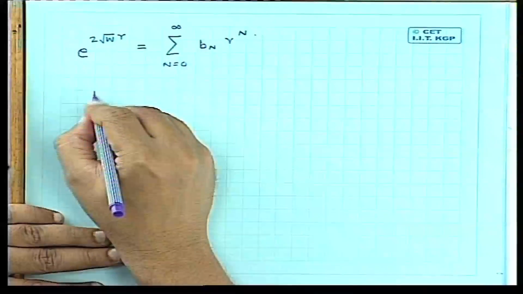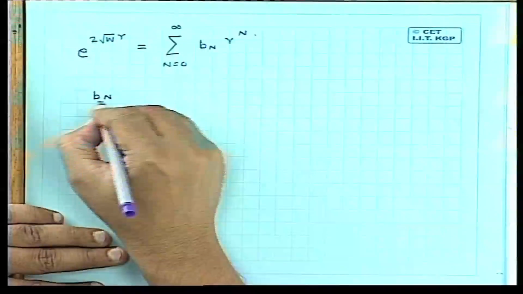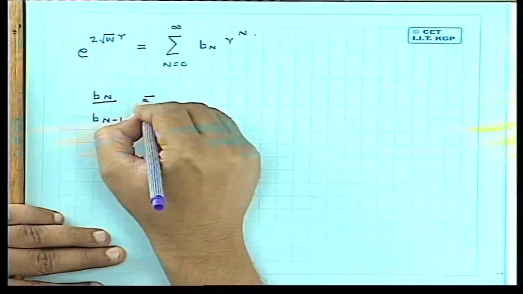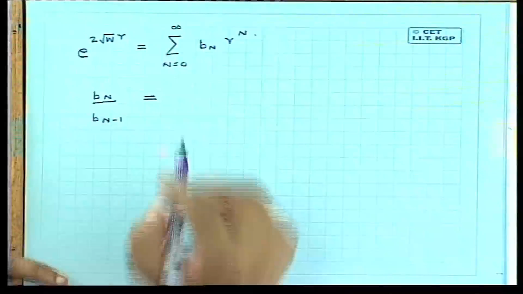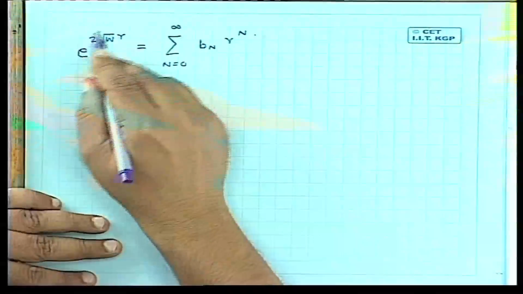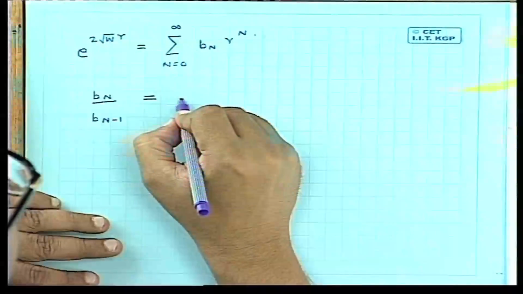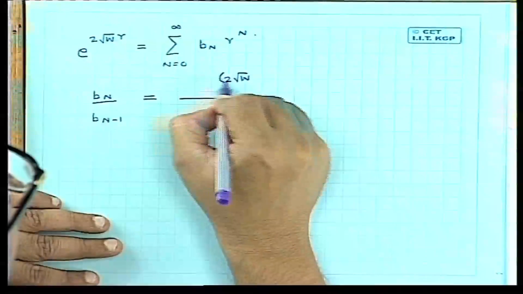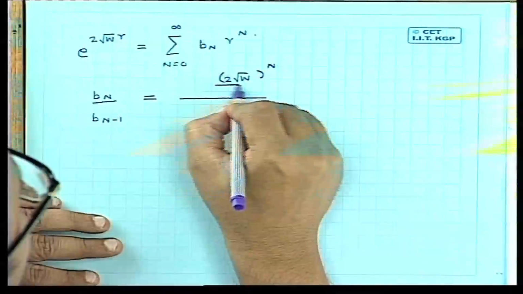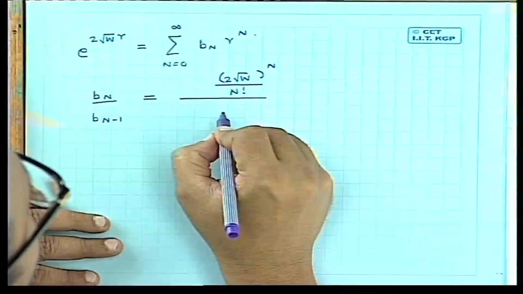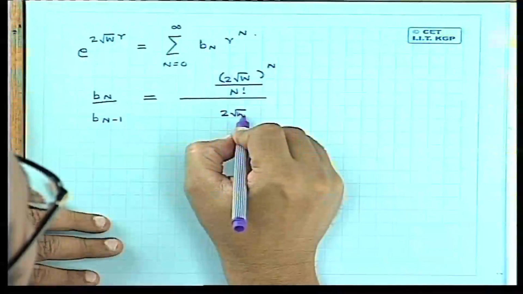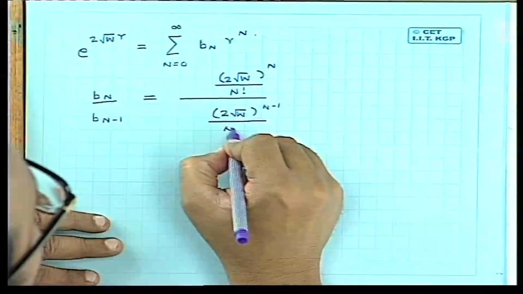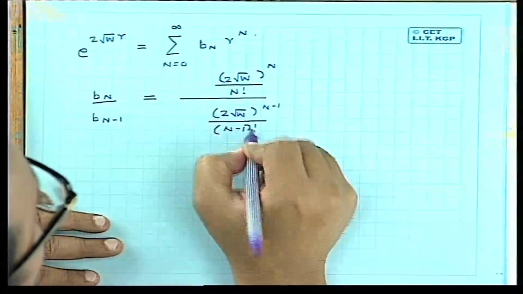So how much is the ratio of bn by bn minus 1? Let us calculate this. We know that bn for this function is 2 square root of w to the power of n by n factorial, and we have 2 square root of w to the power n minus 1 by n minus 1 factorial.